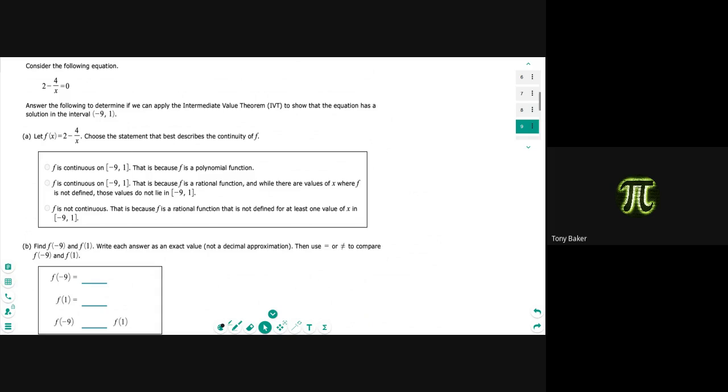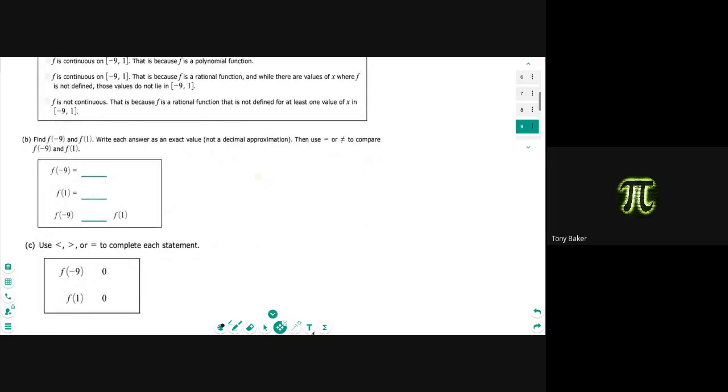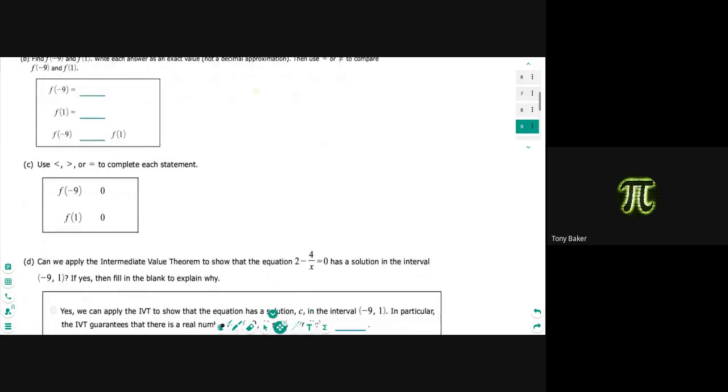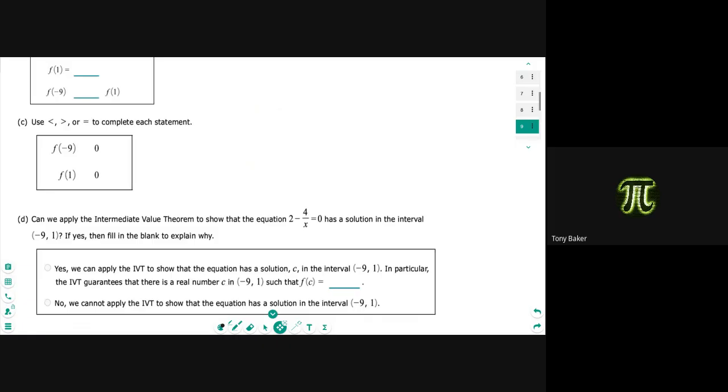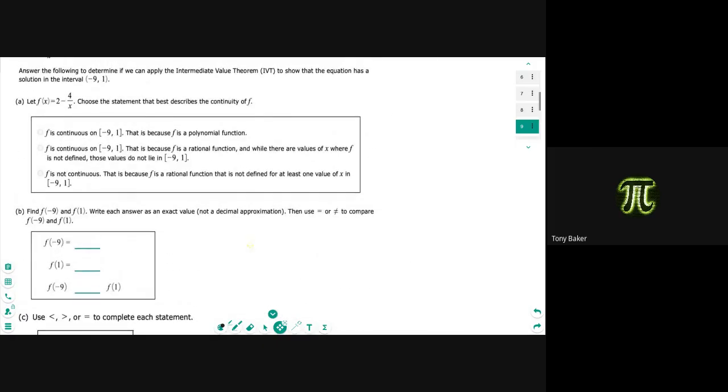The second one is that the values exist and one is greater than the other. So one is on one side of 0, one's on the other side of 0. And then based on that, can you actually apply the intermediate value theorem?